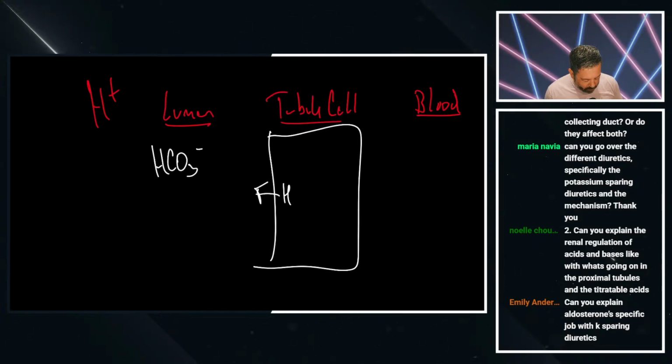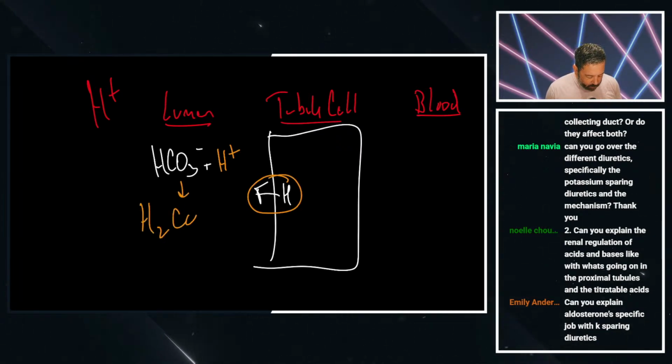We can get rid of it. This hydrogen will bind, so that hydrogen comes together and brings our H2CO3, our carbonic acid. Now we have an acid that we are able to titrate, and then through the effects of carbonic anhydrase, we get H2O and CO2.